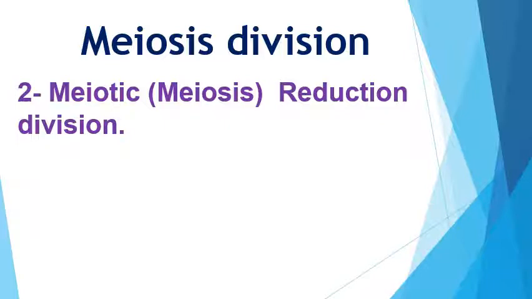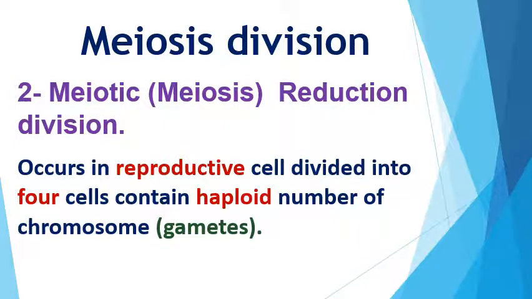In meiosis division, the division takes place in a different way. This type of division takes place in reproductive cells and produces four new cells. Each one contains the haploid number of chromosomes, not diploid.